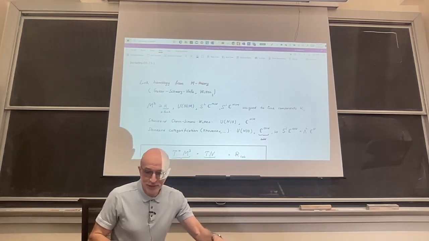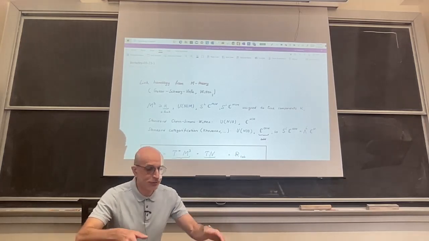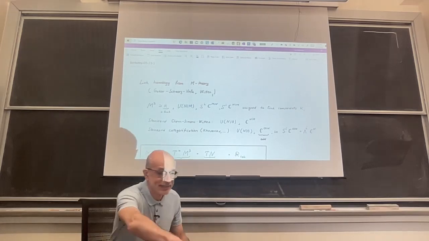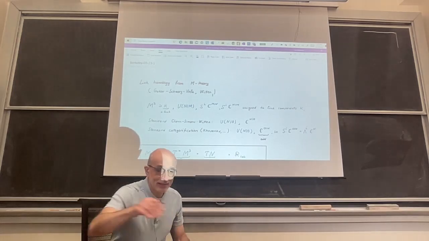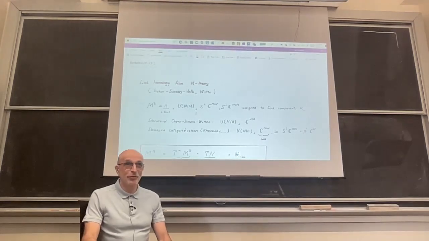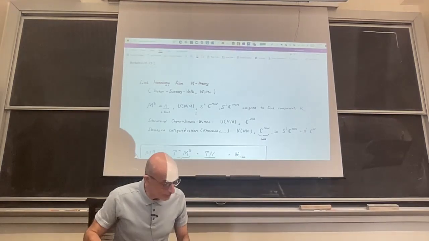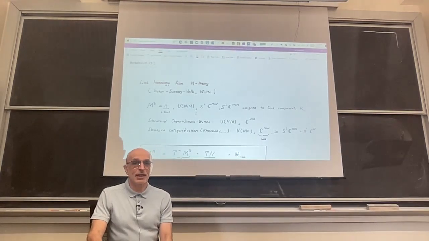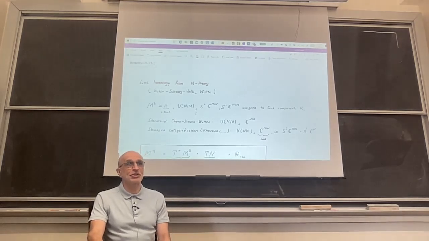So I'll try to illustrate how to use a certain technology in computing link homology and perhaps other invariants related to Donaldson-Thomas through the use of D2 branes. And I will use a very simple example to illustrate the technology.